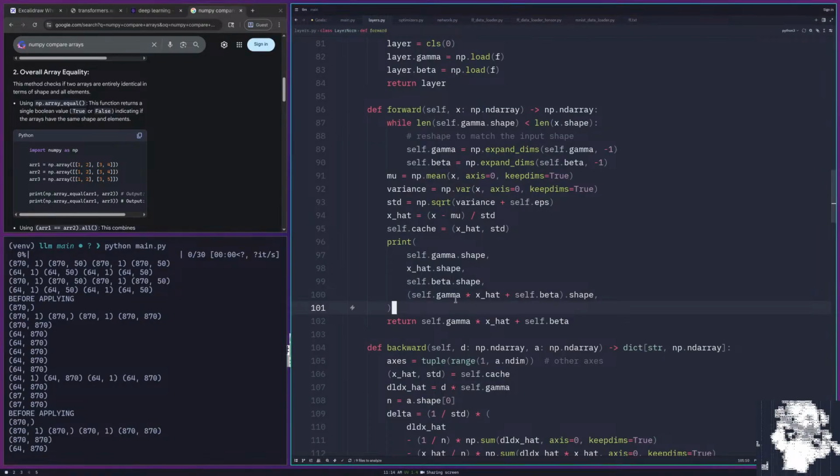Okay, I understand, and it's insane. It's because we're reshaping the gamma during the backwards pass to have the dimension of the batch, and then when we go do the forwards pass, it has too many dimensions.